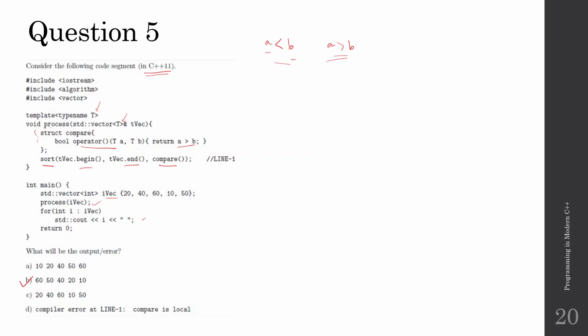That was the problem in C++03, but from C++11 you can pass local objects also. So this will work normally and sort this list in descending order. So B will be the output.